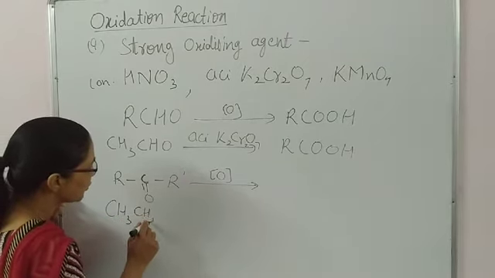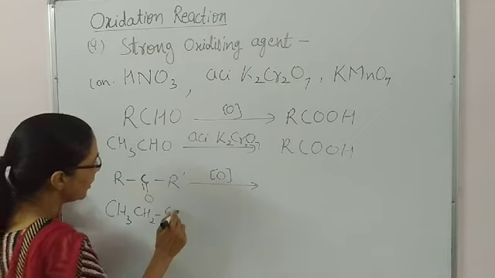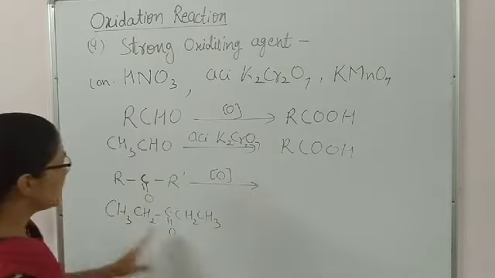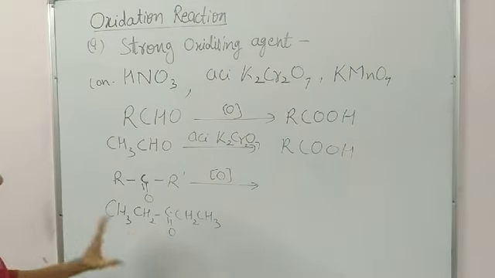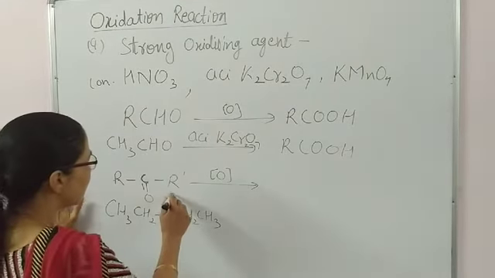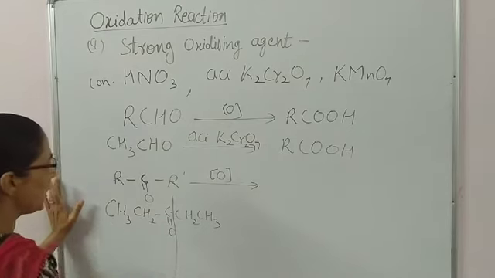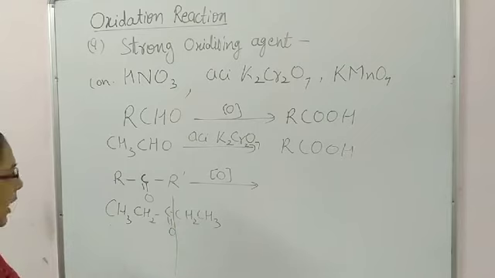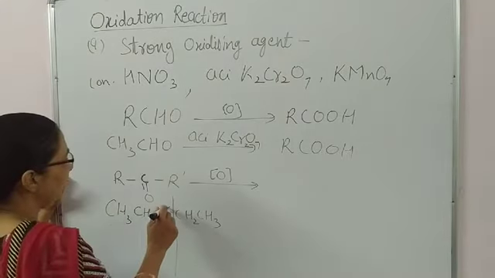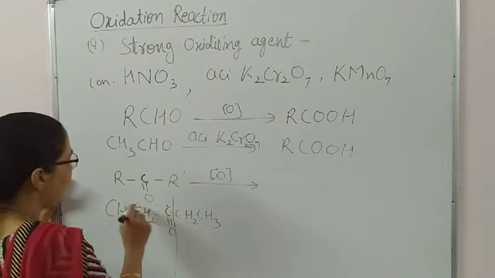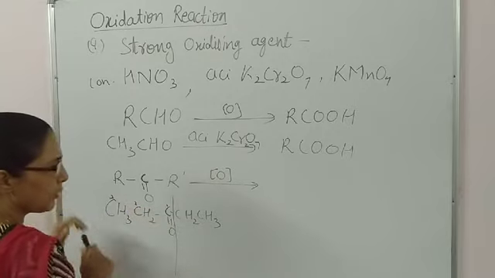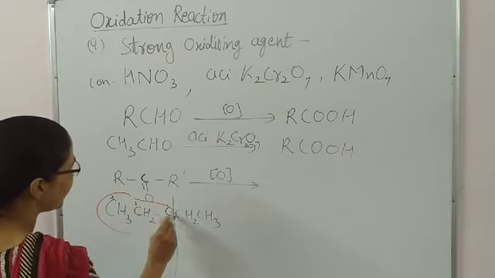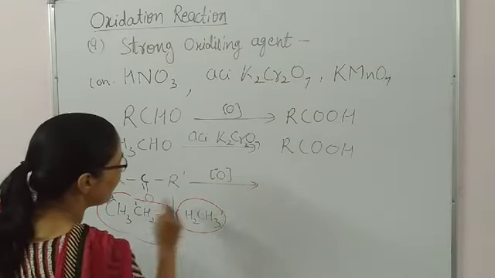CH3CH2COCH2CH3, that is 3-pentanone. Okay, in the 3-pentanone what will happen? This CO group will go with this side, and cleavage of this carbon-carbon bond will occur. What will happen? A 3 carbon containing acid will form from this side: 1, 2, 3. So one acid will form from this side and one acid will form from the other side.